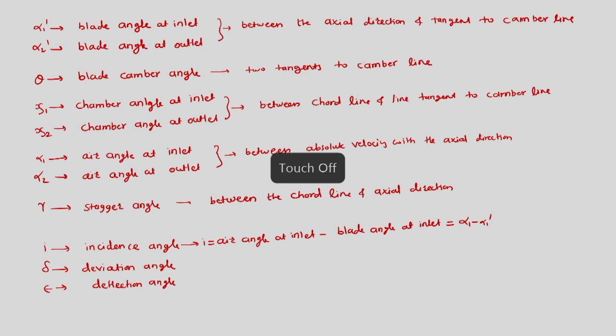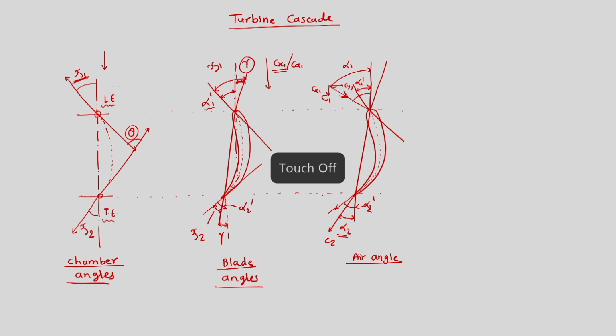Alpha 1 is the angle between the axial direction and the absolute velocity, the air angle, and alpha 1 dash is the blade angle between the tangent at the inlet to the camber line and the axial direction. So, alpha 1 minus alpha 1 dash is this small angle, and this small angle is the incidence angle.